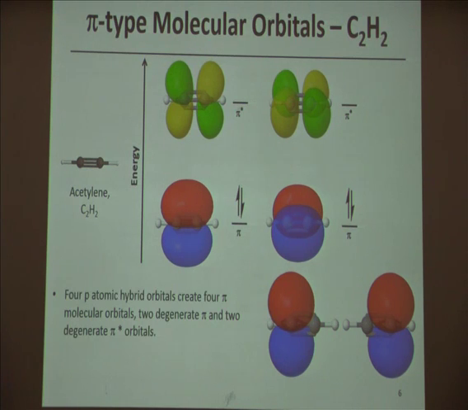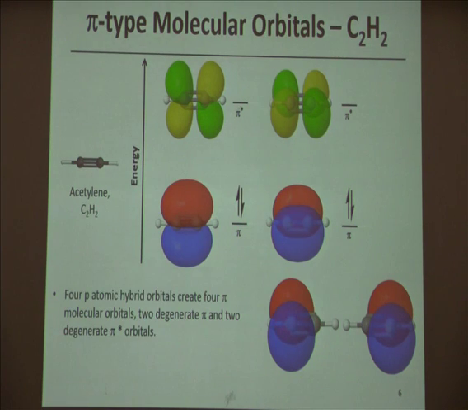Those pi bonds and pi star orbitals are formed from a set of p orbitals at each carbon atom, where one p orbital is in this orientation and can overlap to make this bond. The other set of p orbitals are perpendicular to those, and they can overlap to make that pi bond.